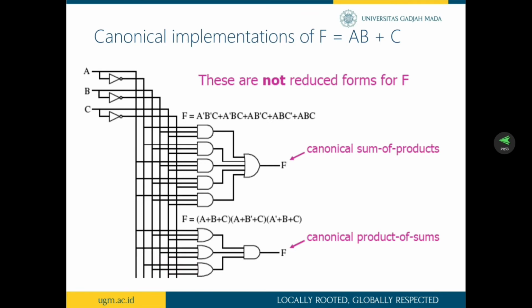So for the canonical sum of product, we do AND and then sum by OR. And for the canonical product of sum, we use OR gate and then AND gate for the product of sum.